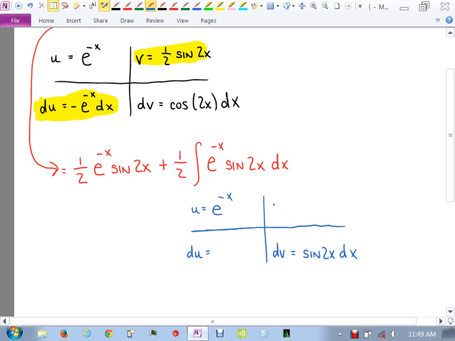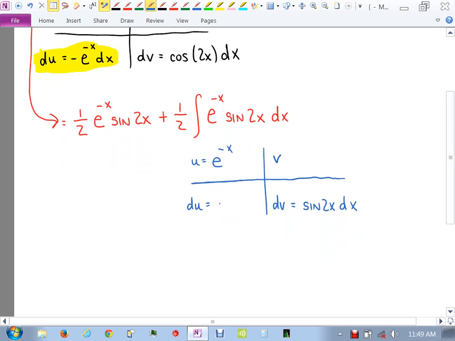So what's du? Negative e to the negative x dx. And then what's v? Negative, good, 1/2 cosine 2x.